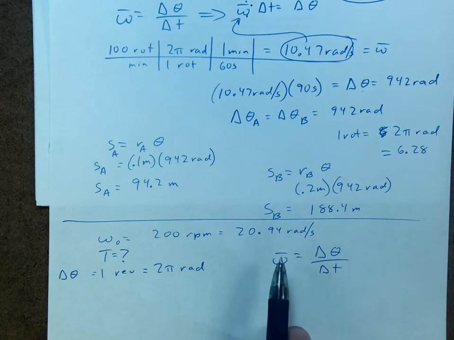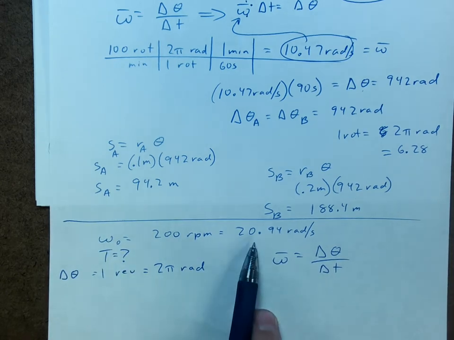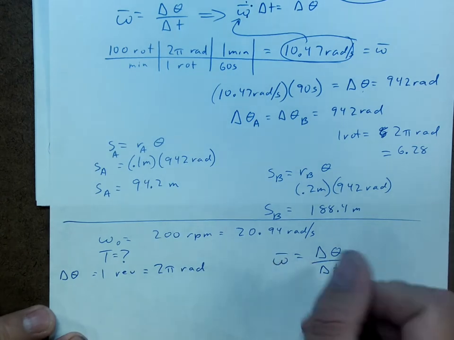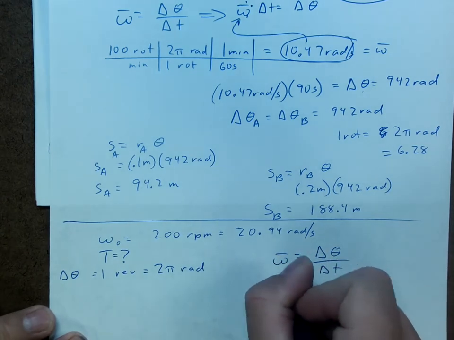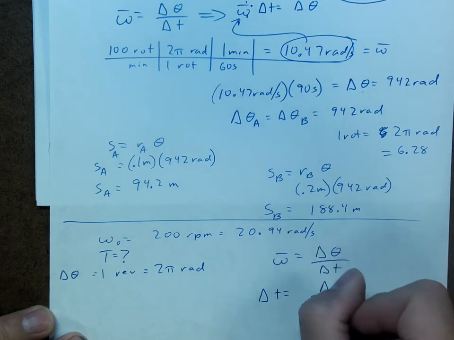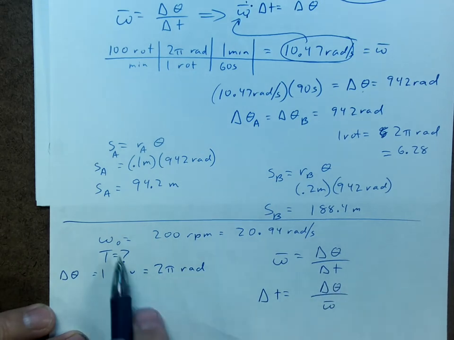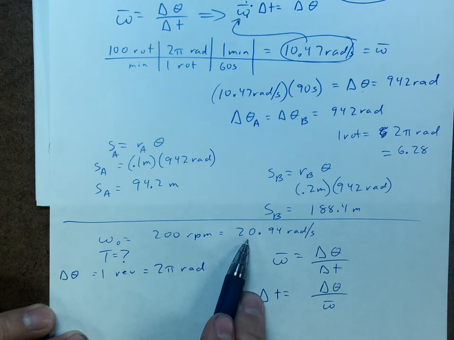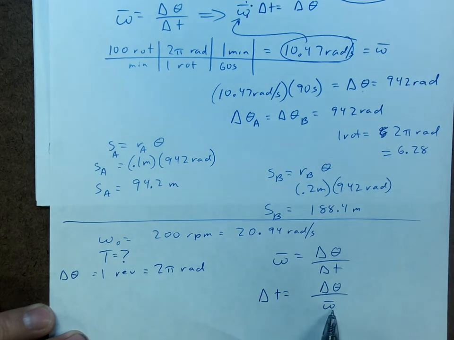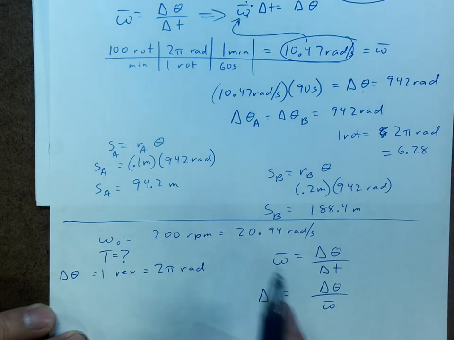Before we cut the grinding wheel off, our angular velocity was constant. If we rearrange this formula, delta t would be delta theta divided by our average angular velocity. If the angular velocity is constant, which it is before we cut it off, the average angular velocity is just the value for the angular velocity.